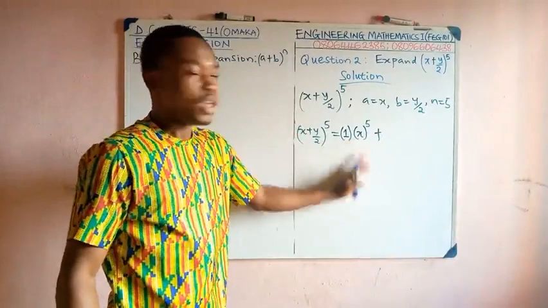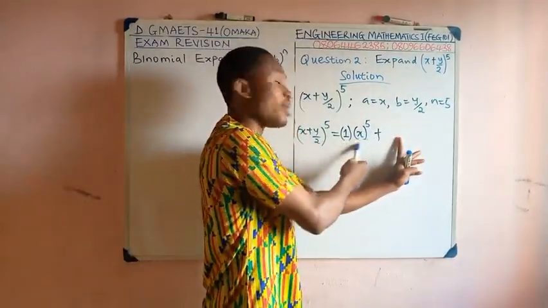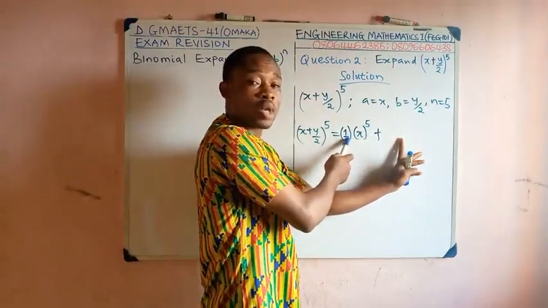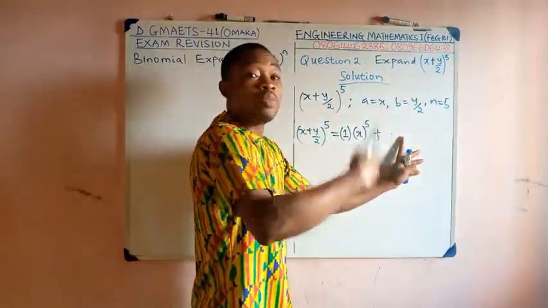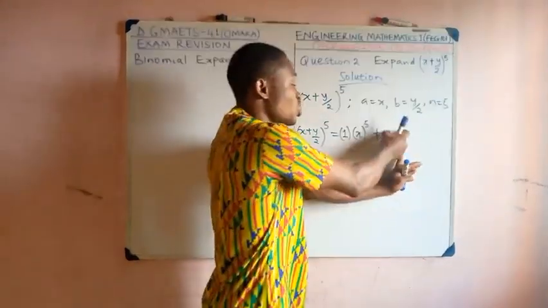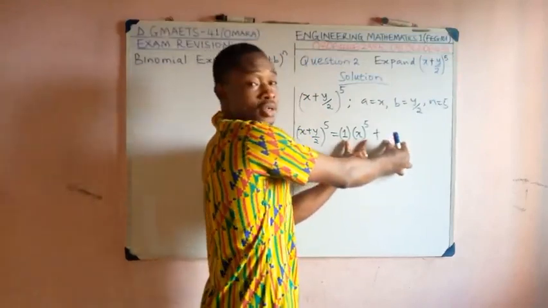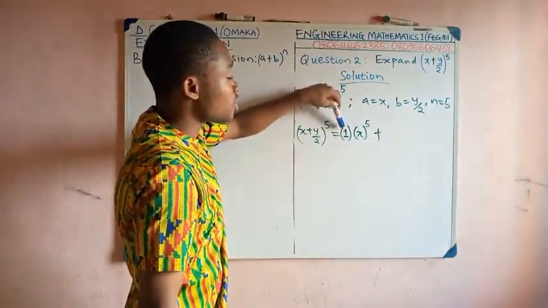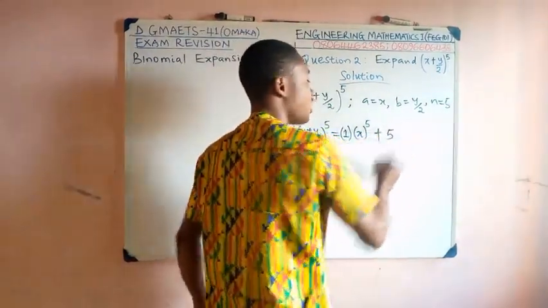So to obtain the coefficient here, it's the power of a in this n minus 1 term, used to multiply its coefficient: 5 times 1 gives us 5. Then divide by the number of terms before this new one I want to obtain. I only have 1 term, which is this term here. So it's meant to be 5 times 1 divided by 1. Therefore, the second coefficient is 5.